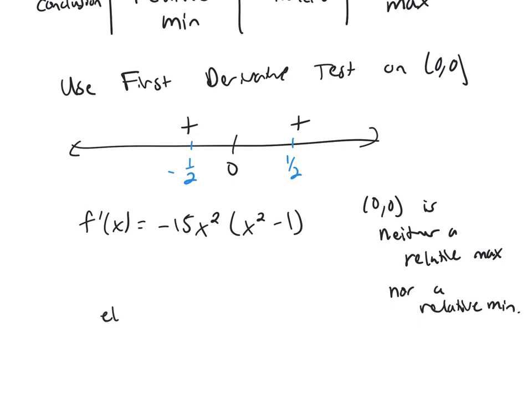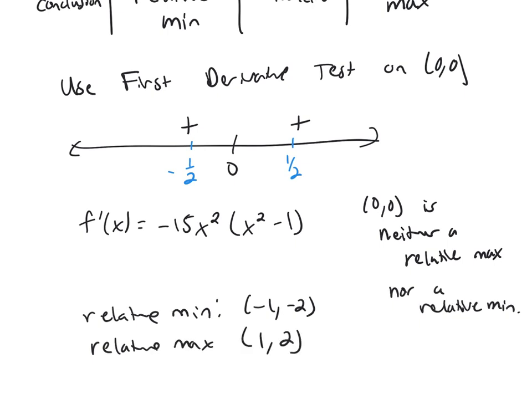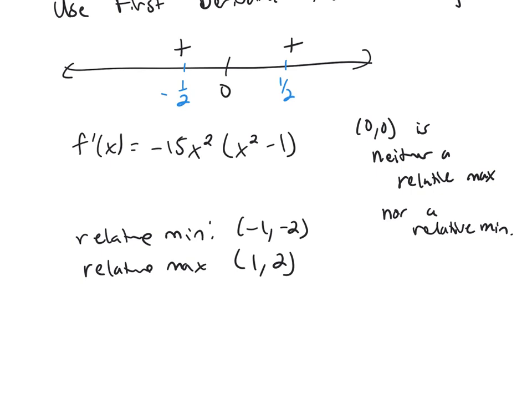So just to remind you, our relative minimum was the point -1, -2, and our relative maximum was the point 1, 2. And those are my relative extrema. So sometimes when you try to do the second derivative test, you get 0, which tells you that the second derivative test is inconclusive, and then you're going to have to revert back to doing the first derivative test.